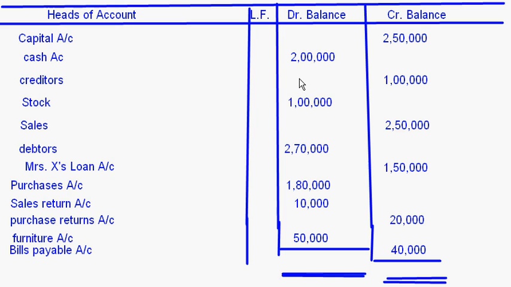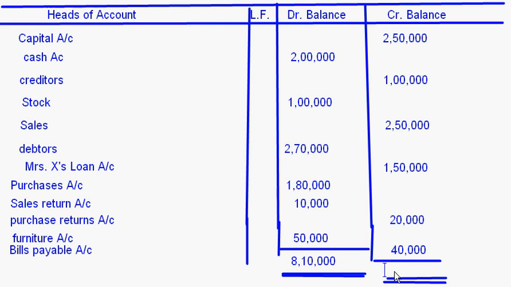So we have 2 lakh plus 1 lakh plus 2,70,000 plus 1,80,000 plus 10,000 plus 50,000, which comes to 8,10,000. So on the debit side, it is coming as 8,10,000, right?